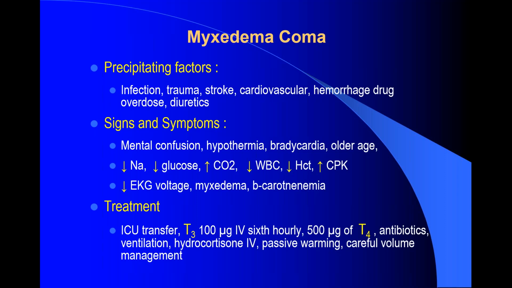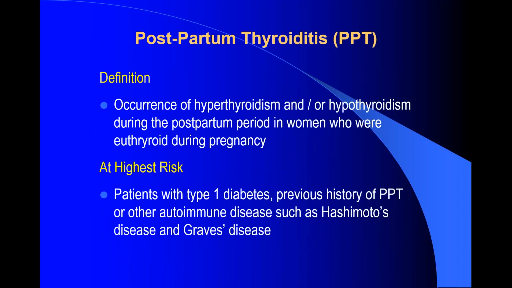Then in ECG, you will see low voltage complexes. Just remember the ECG finding: besides bradycardia, you can have low voltage complexes, a very important finding. Then treatment: patients should ideally be treated in ICU with T3, T4, that means thyroid replacement, hydrocortisone, passive warming, and volume management.